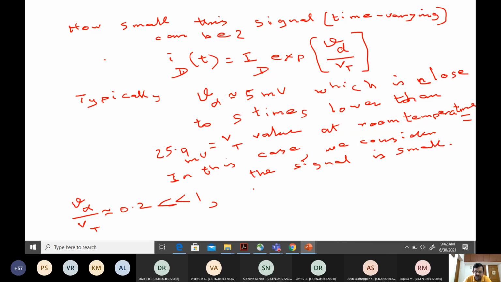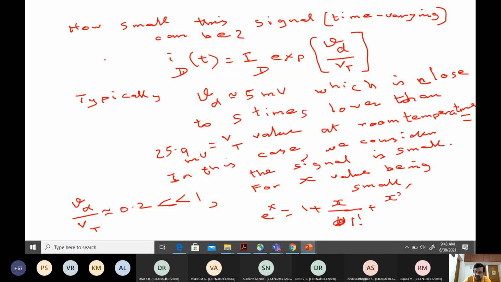For small x values, e to the power x is 1 plus x by factorial 1, and so on. With this expansion, I am going to apply this small value expansion.